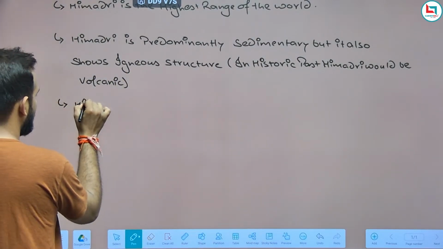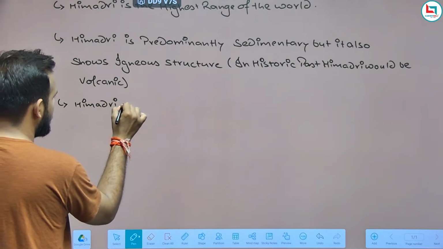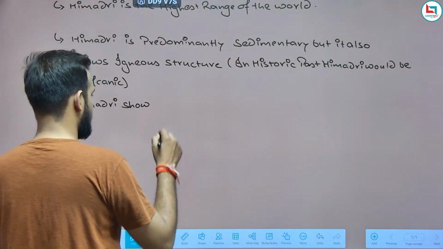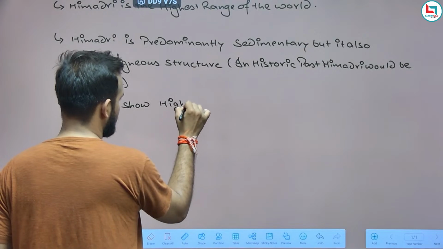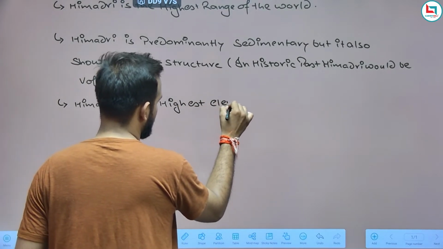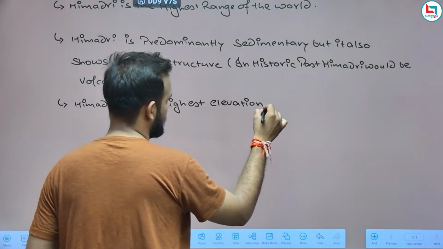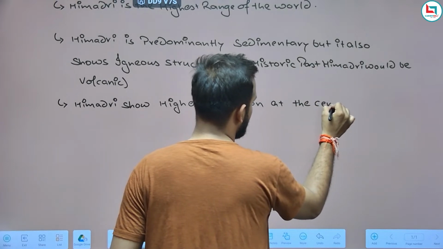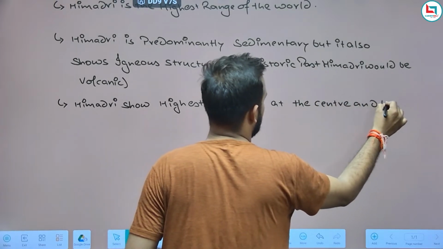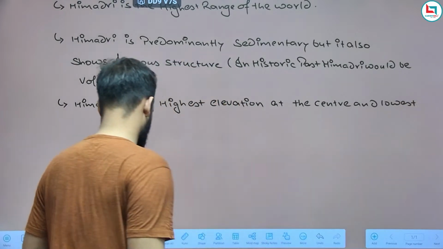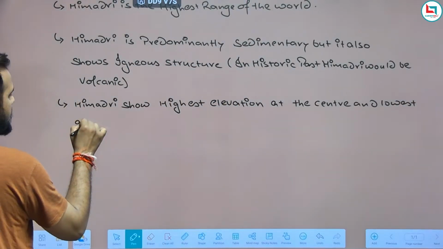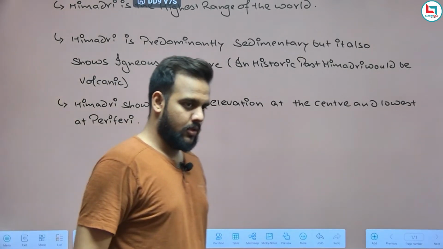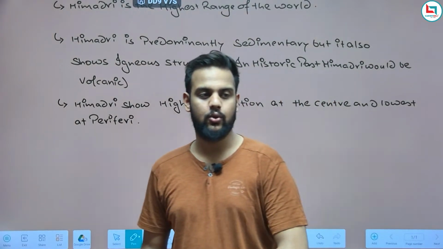Himadri shows the lowest elevation at the periphery. So these are the things that we need to understand.